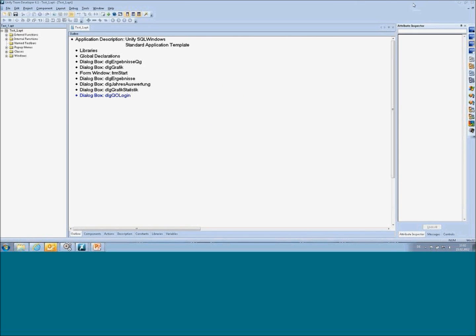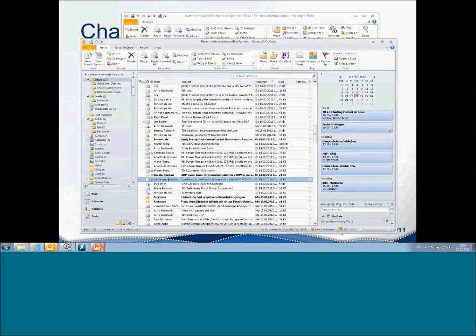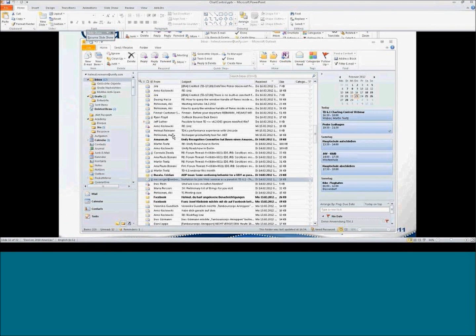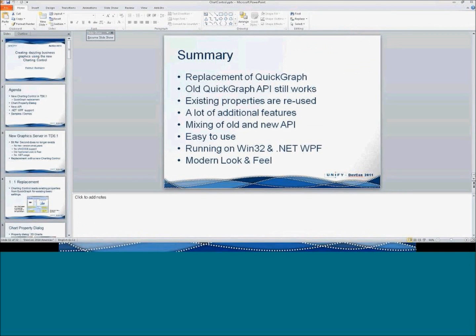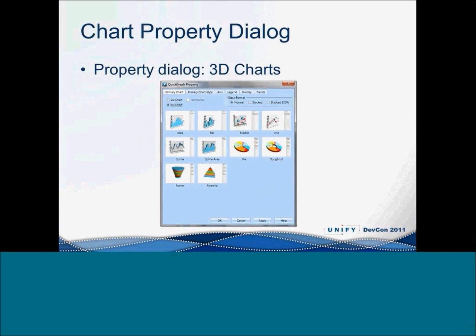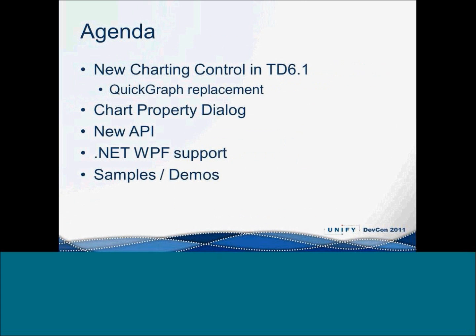Okay, let's start first with a small presentation about the new charting control. So let's start from the beginning, sorry, let's scroll back. What we are talking about today is that we implemented a new charting control into Team Developer 6.1. It's a quick graph replacement.